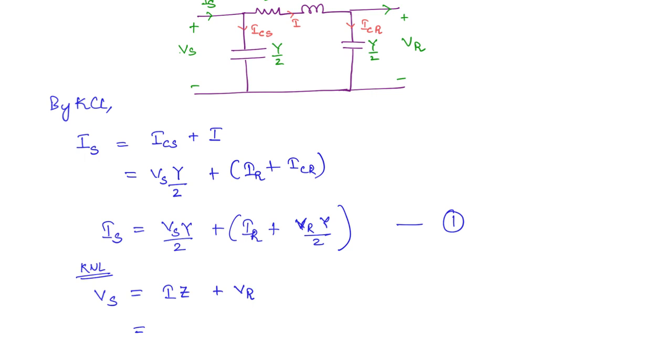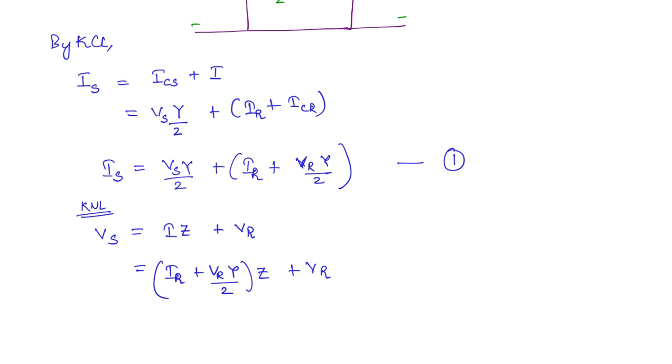Now we already saw IR plus VR Y by 2 into Z plus VR. So here we got Vs in terms of VR and IR. What will this be?